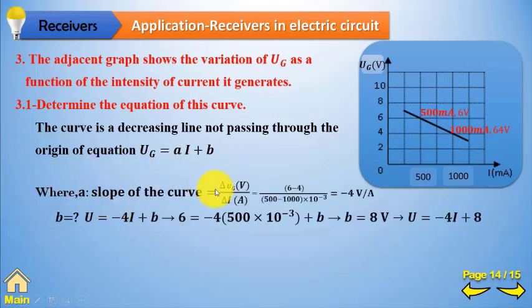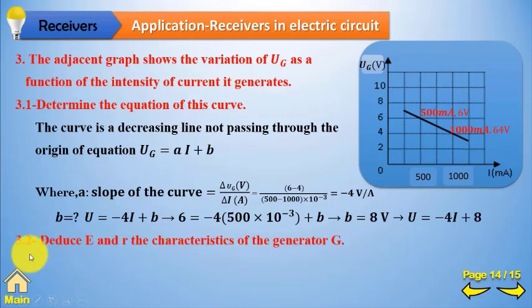It is equal to delta UG divided by delta I. We have here the coordinates of 2 points. Substituting them gives us that the slope is equal to minus 4 volts per ampere. B is the y-intercept. We can calculate its value by substituting any one of these 2 points in the equation. This gives us that B is equal to 8, and the equation becomes U equal to minus 4I plus 8.